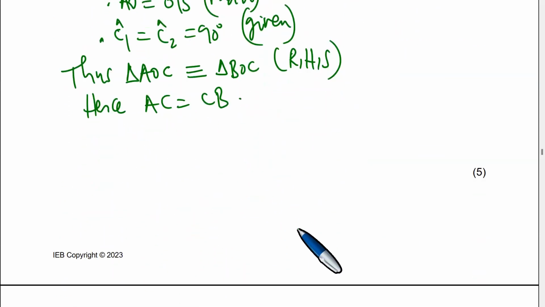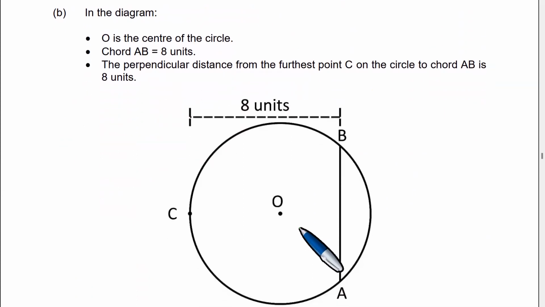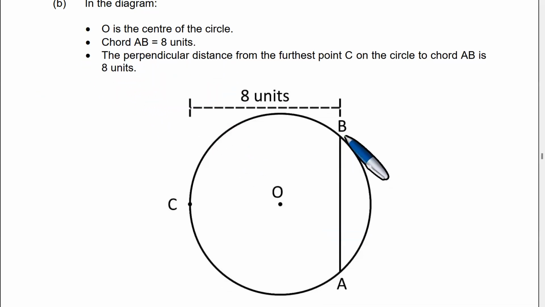So we continue. In the diagram, O is the center of the circle, but also chord AB is 8 units.